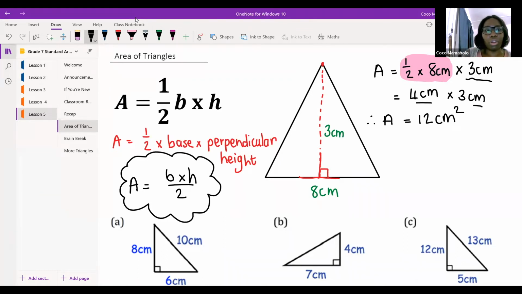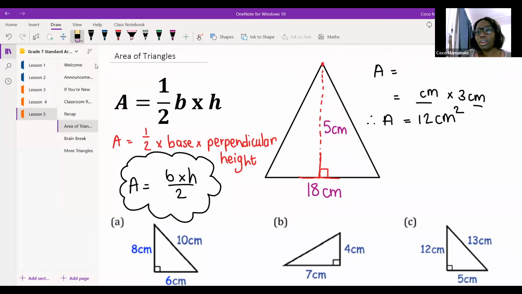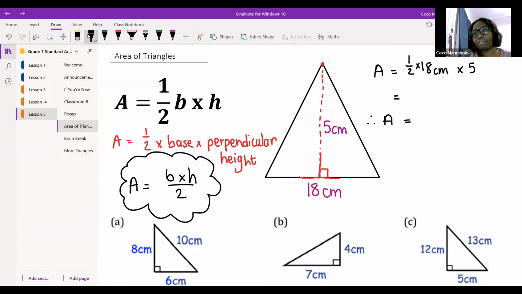Let's do one more before I drop you guys in the deep end. Okay, if this side of my triangle is 18 centimeters and the perpendicular height is 5 centimeters, when I calculate my area, I'm going to go, the area is half of 18 centimeters multiplied by 5 centimeters.